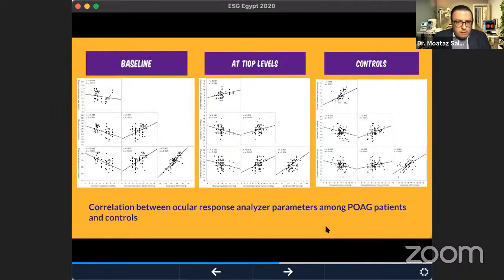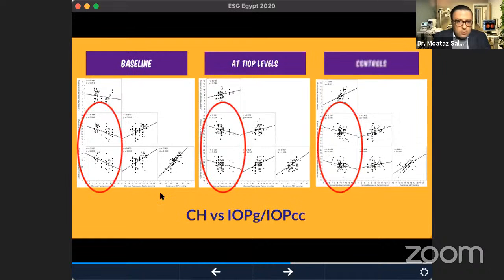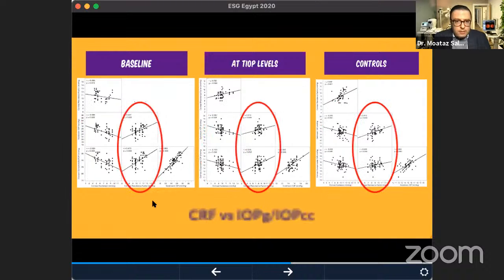These scatter plots showed the correlation between corneal biomechanics and intraocular pressure. We note that corneal hysteresis has a negative correlation with intraocular pressure, either Goldmann or corneal compensated, all the time, even in the control group, while the corneal resistance factor has a positive correlation at baseline, after target IOP achievement, and among control.